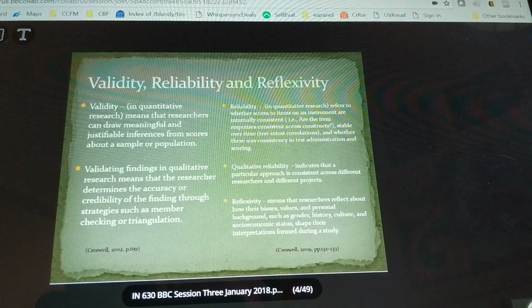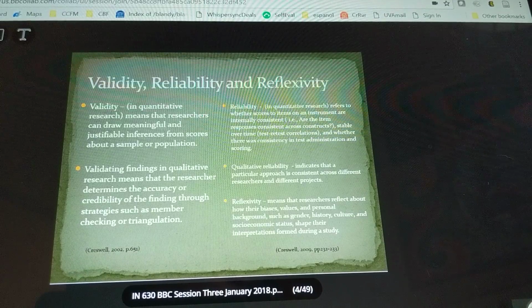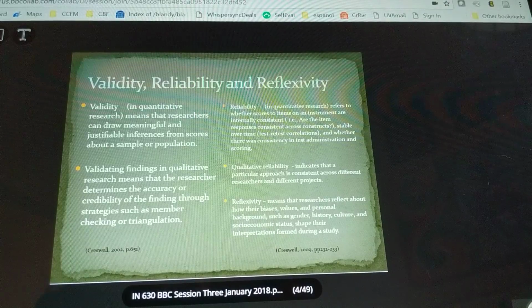Do they not confuse the language that you're using? Because if it's confused, then those items will not be reliable in the responses that you get, okay? It also asks whether scores are stable over time, test, retest, correlation, and whether there was consistency in test administration and scoring.